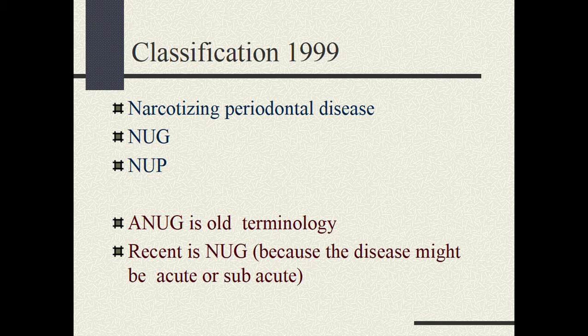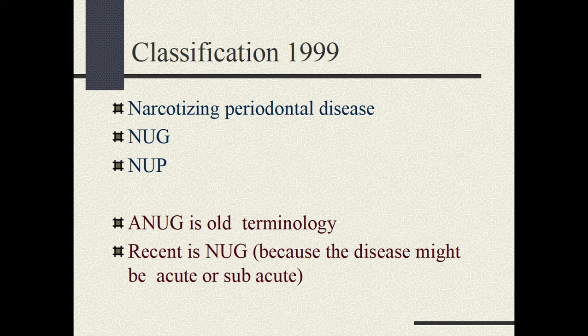Classification was given in 1999: necrotizing periodontal disease, necrotizing ulcerative gingivitis and necrotizing ulcerative periodontitis. It is very important to know that ANUG or acute necrotizing ulcerative gingivitis is an old terminology.